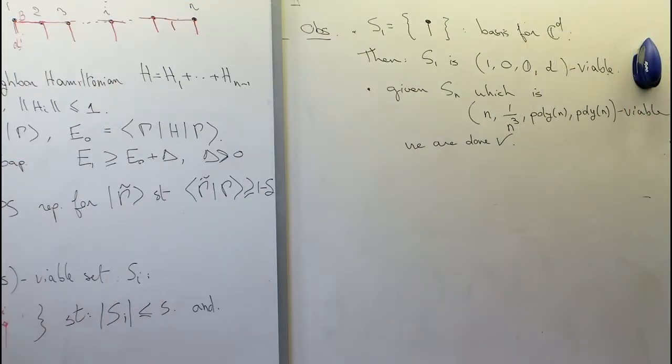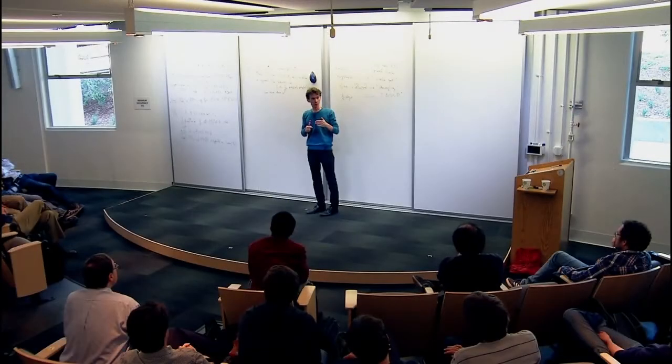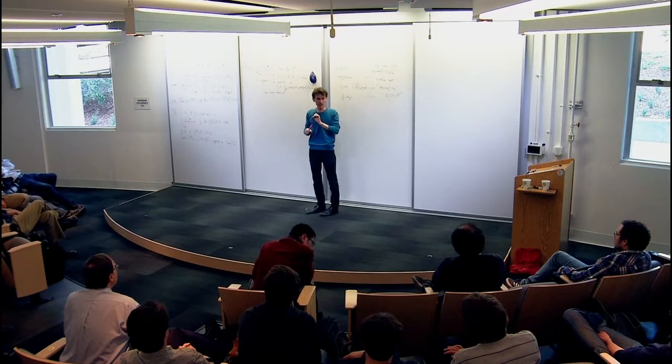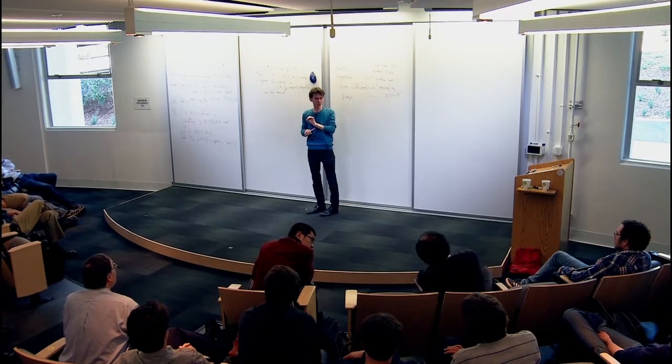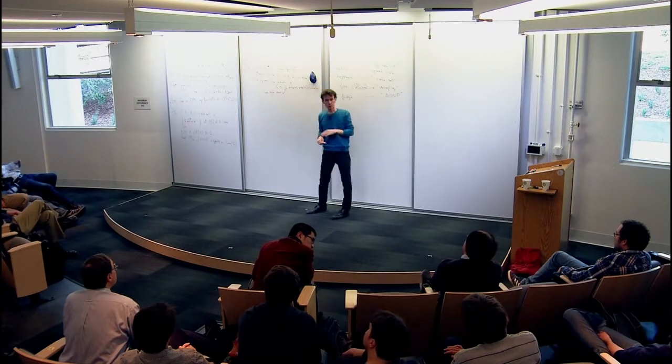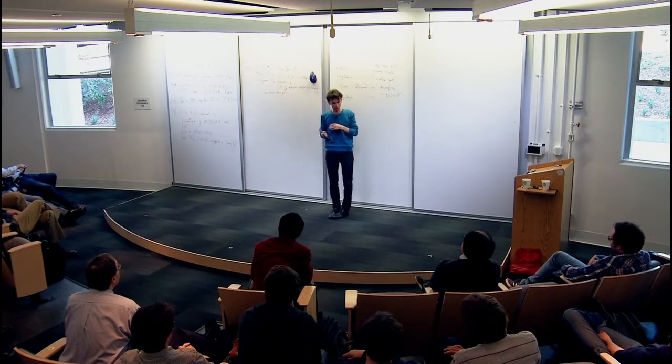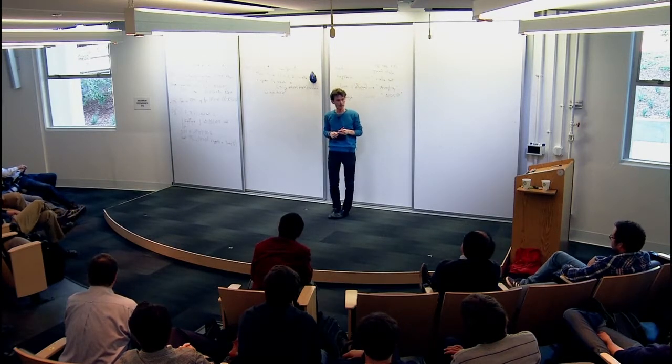And the fact that it's supported on the space means that I can write it as a linear combination of all these matrix product states, so the variables of the convex program will be the energies of these individual matrix product states, not the matrix product states themselves. But here I'd like to ask you to just believe me that you can do it. It's not completely trivial, but if you write it properly, you can do it.